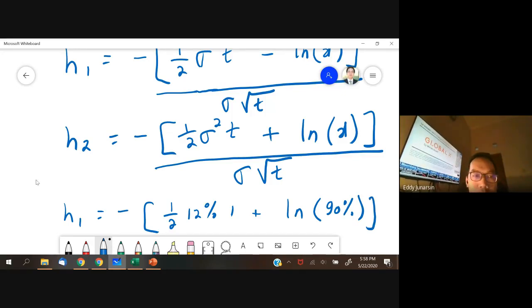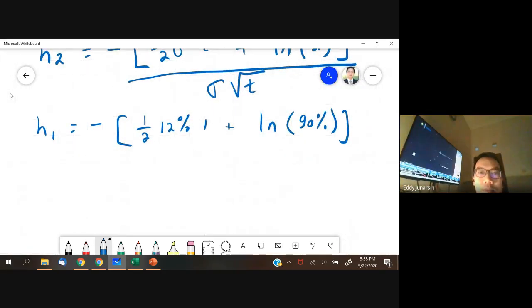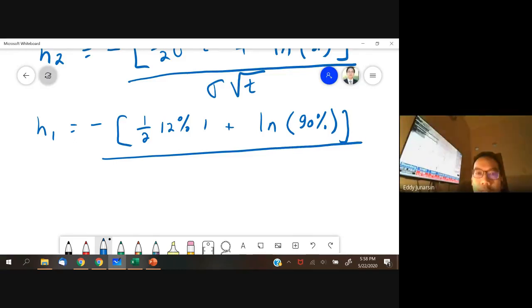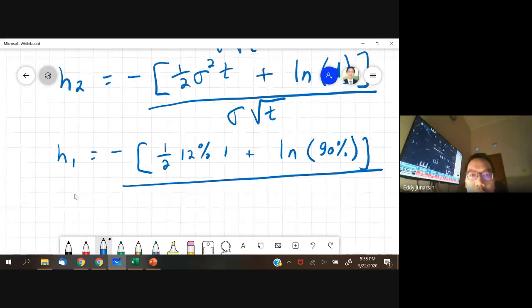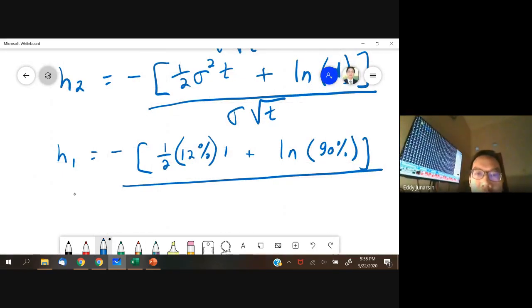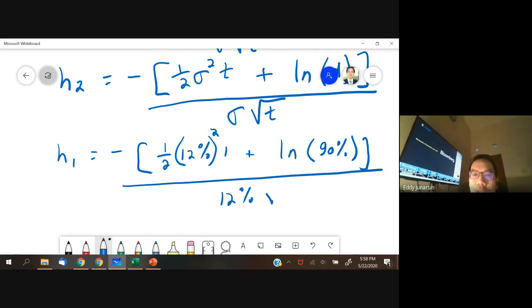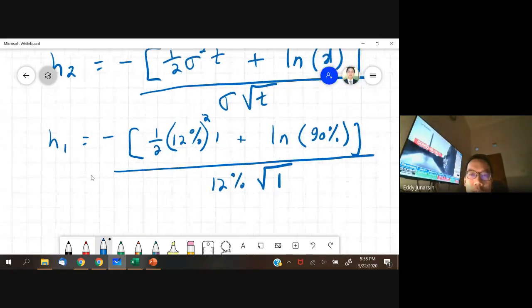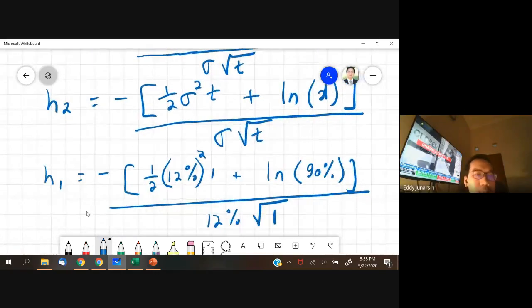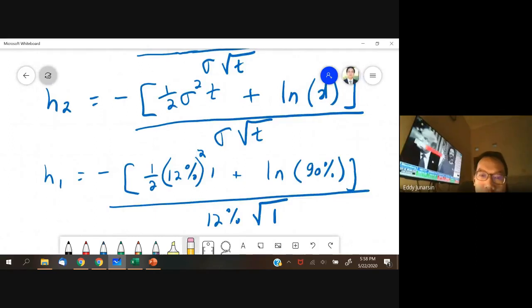Divided by the standard deviation. Oh, sorry, I'll have to be careful here. This is the variance. Right? And the denominator here is the standard deviation, right? Times the square root of 1.